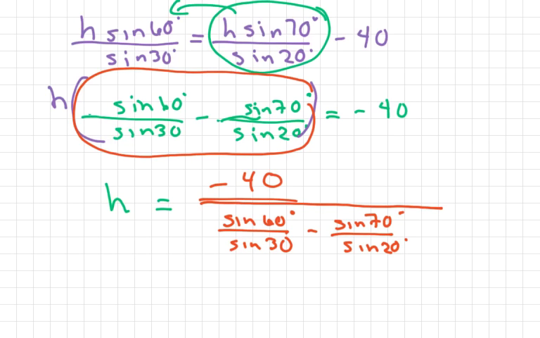I would do the denominator separately, but I already did this, and when you get it, you get 39.39 feet. And so the height of the tree is 39.39 feet.